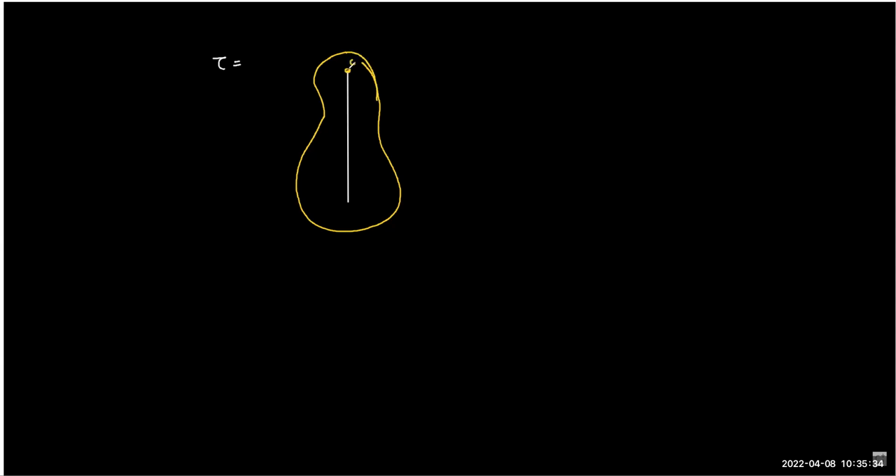See, point of suspension. This is center of mass, and the distance between the point of suspension and the center of mass, we call it L by definition. L is called the length of pendulum.